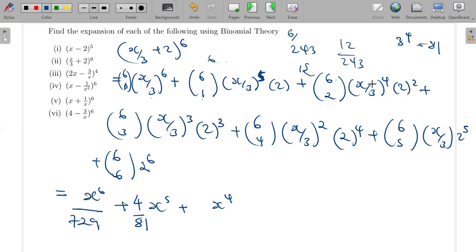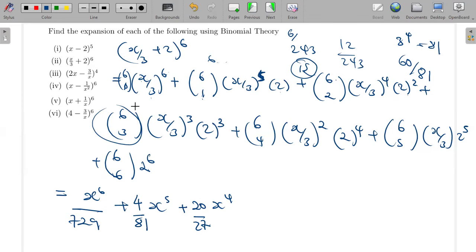Is 4, and we have 15 multiplied by 4, there gives me 60. 60 over 81 just reduces to 20 over 27, like that.